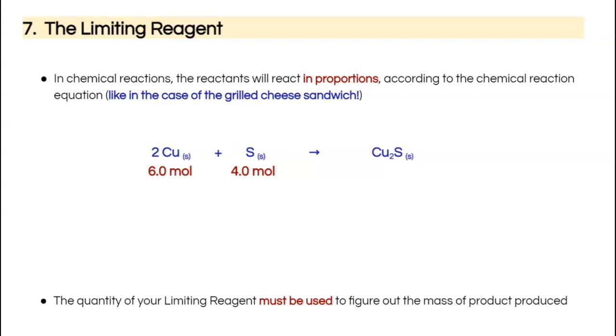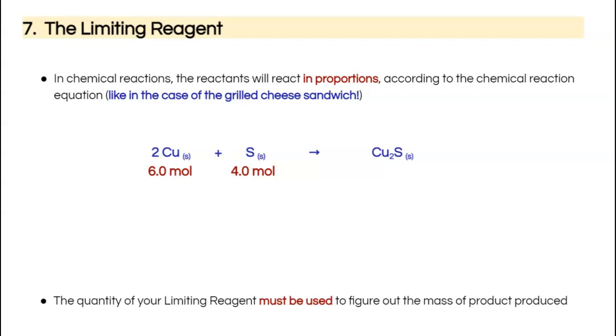So as long as I'm looking at mole values, I can see this in the same way as my grilled cheese sandwich. Unlike previous stoichiometry problems, in this case we would be given quantities of 2 or more reactants, and we'd have to make a decision about which of those reactants is our limiting reagent, because of course our limiting reagent is what we use to determine how much product we can make.